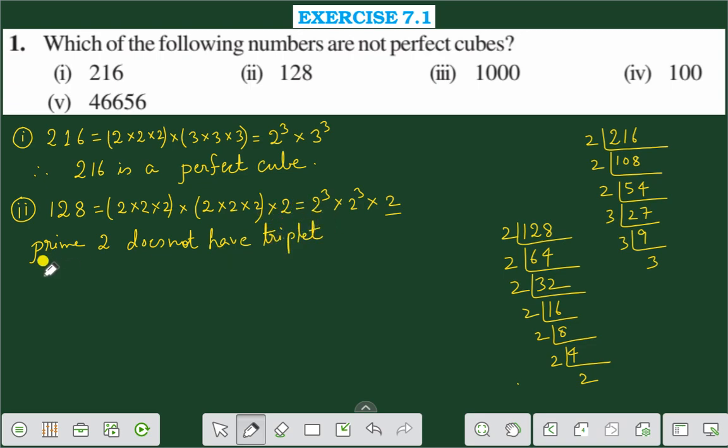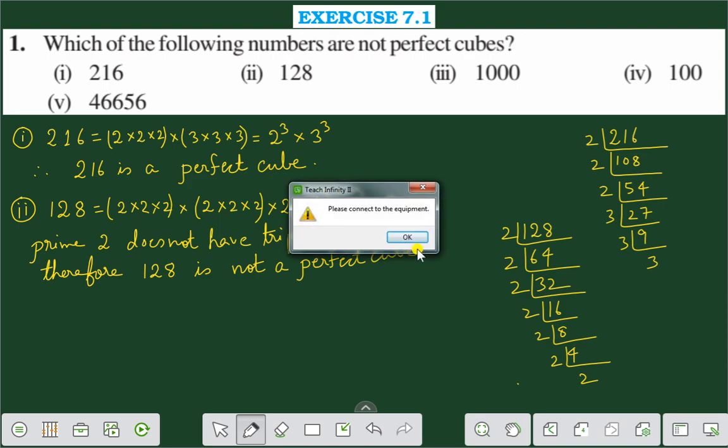Therefore, we can say 128 is not a perfect cube.